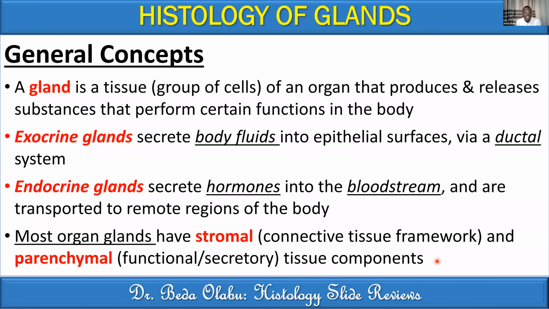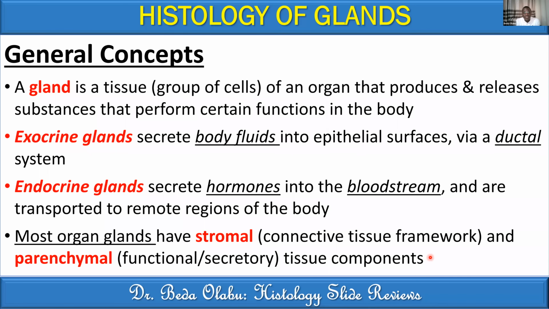For most glands in terms of histology, we'll be expecting you to start your description of histological organization of glands this way. So whether they are endocrine glands or exocrine glands, most glands have two histological components. This is what we call the stroma, and this is what we call the parenchyma.